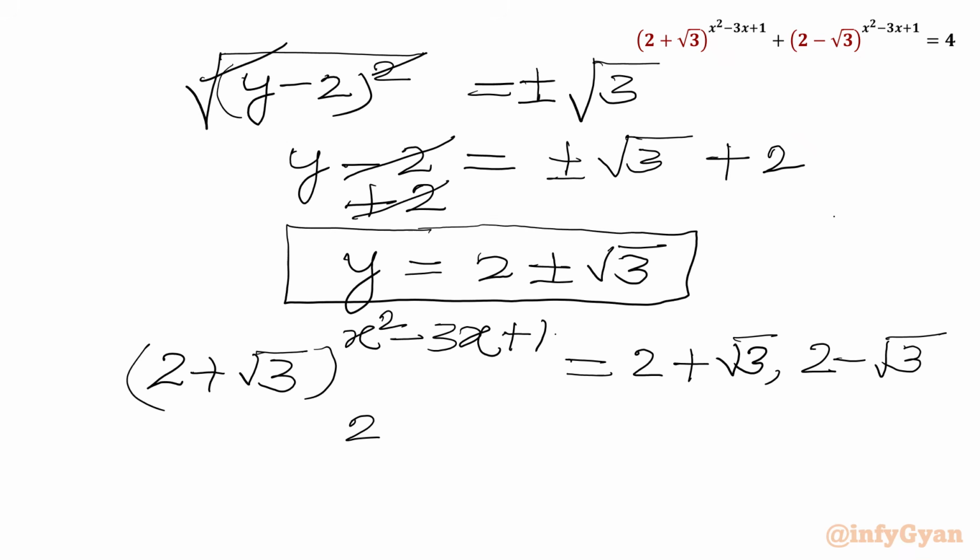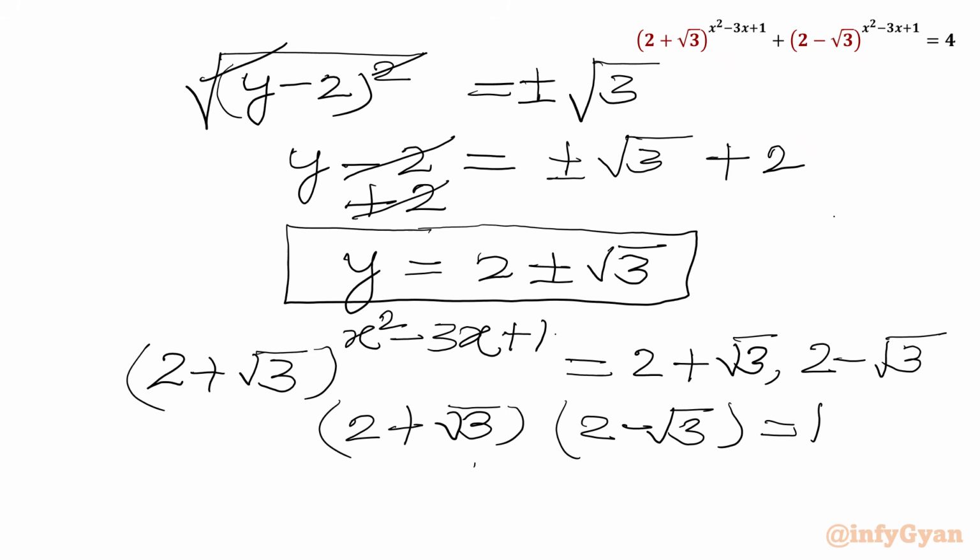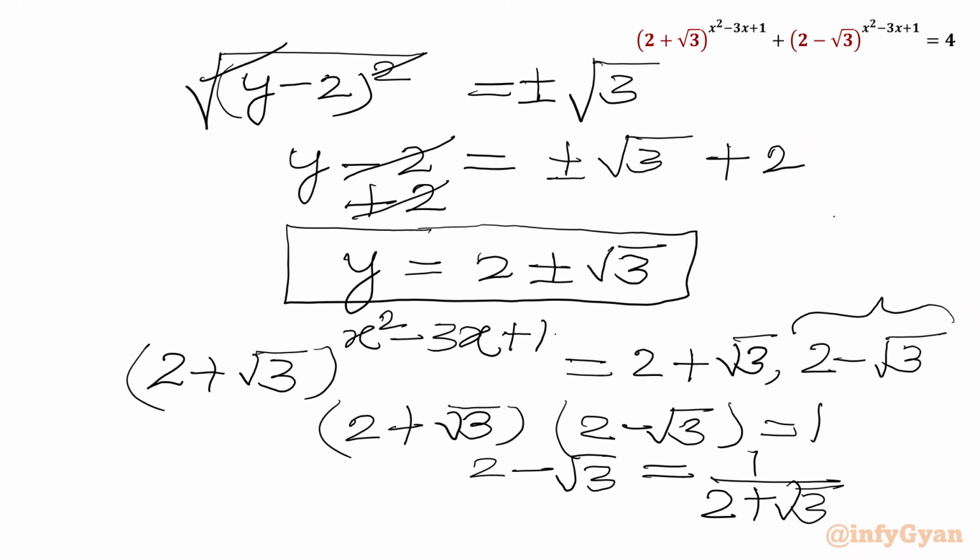We have result 2 plus root 3 times 2 minus root 3 equal to 1. So in place of 2 minus root 3, we can write 1 over 2 plus root 3 anytime.